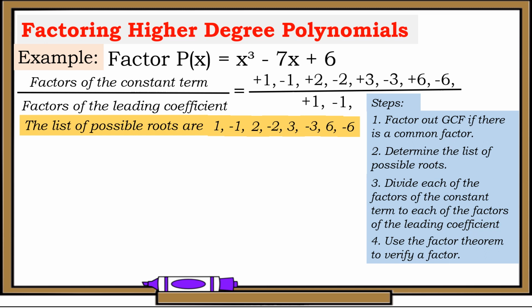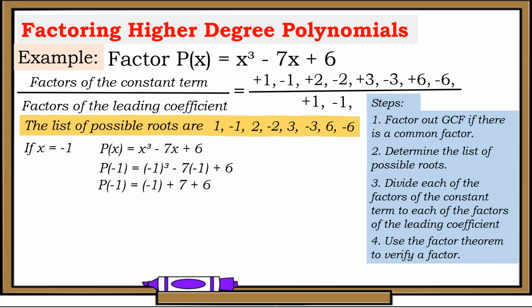Next step, use the factor theorem to verify a factor. So, from the list of possible roots, let us try negative 1. If x is equals to negative 1, the given polynomial is P of x is equals to x cubed minus 7x plus 6. Substitute the value of x by negative 1. So, P of negative 1 equals negative 1 cubed minus 7 times negative 1 plus 6.